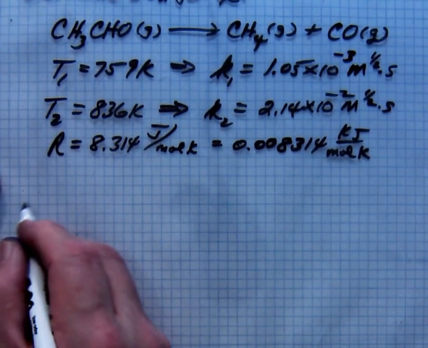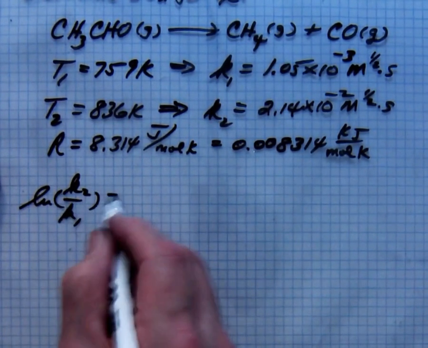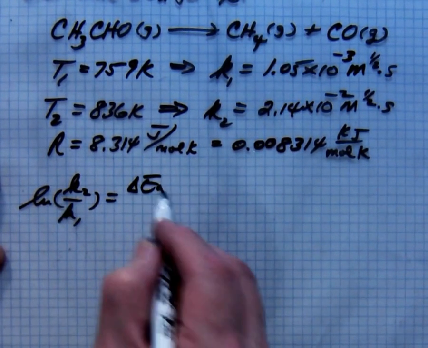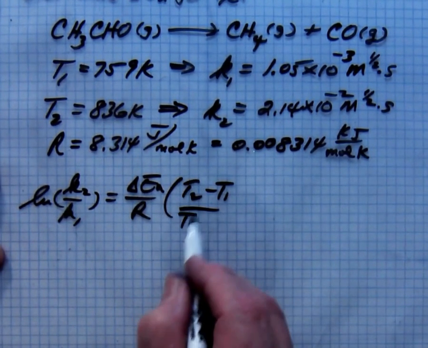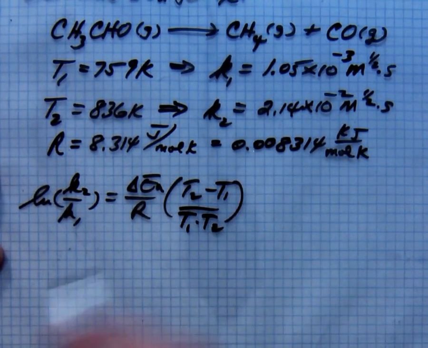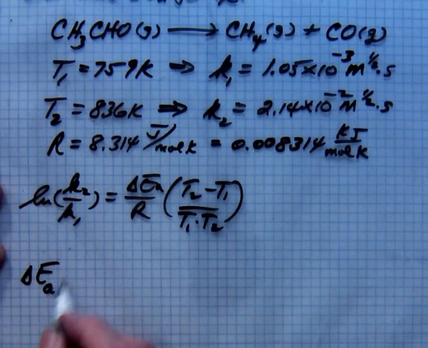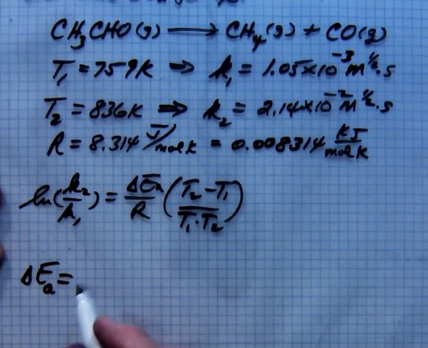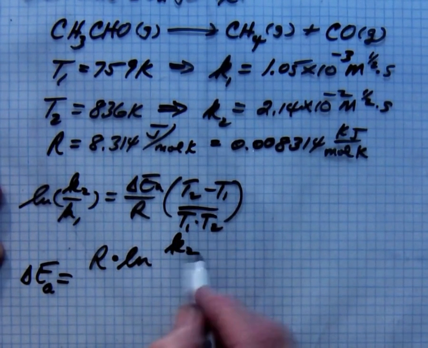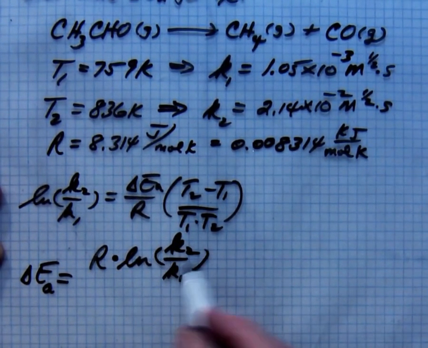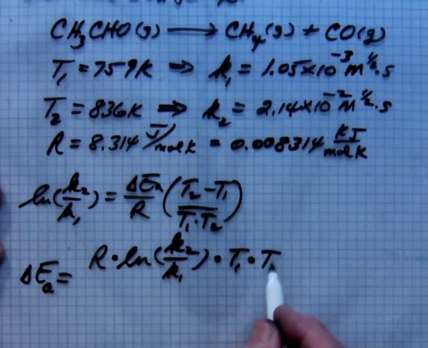So let's do that. Ln of K2 over K1 is equal to delta E sub A over R, times T2 minus T1 over T1 times T2. So we want to solve this for E sub A, so delta E sub A is now equal to R times ln of K2 over K1 times T1 times T2.